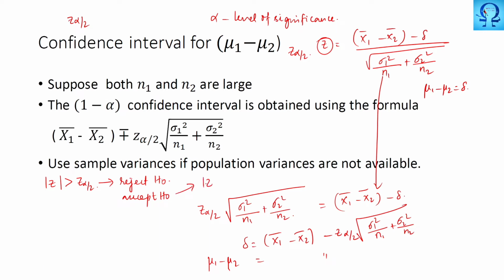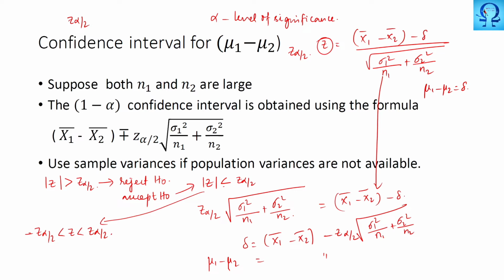In this case, we should have the absolute value of z smaller than this. Whether you include equality in either case is completely fine. So basically, from minus z alpha upon 2 smaller than z smaller than z alpha upon 2, you know your z value is this.